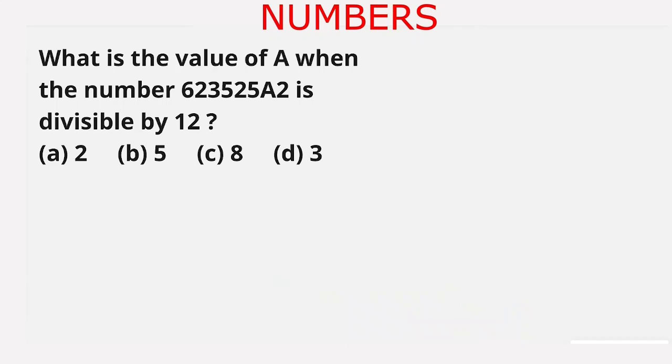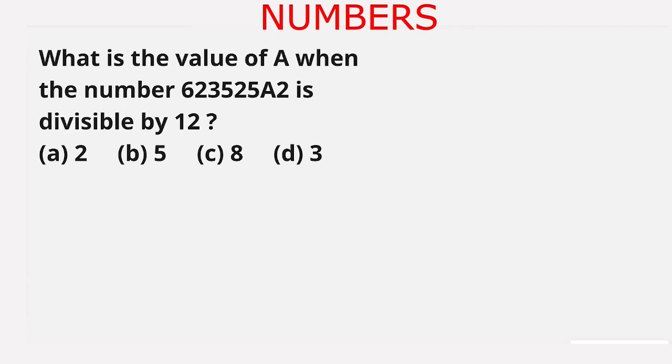In the given question, we have to find the value of A to make the number divisible by 12. And as per the divisibility rule, we have already studied in basics of numbers in video part 1 of this topic that a number can be divisible by 12 if it is divisible by 3 as well as 4.